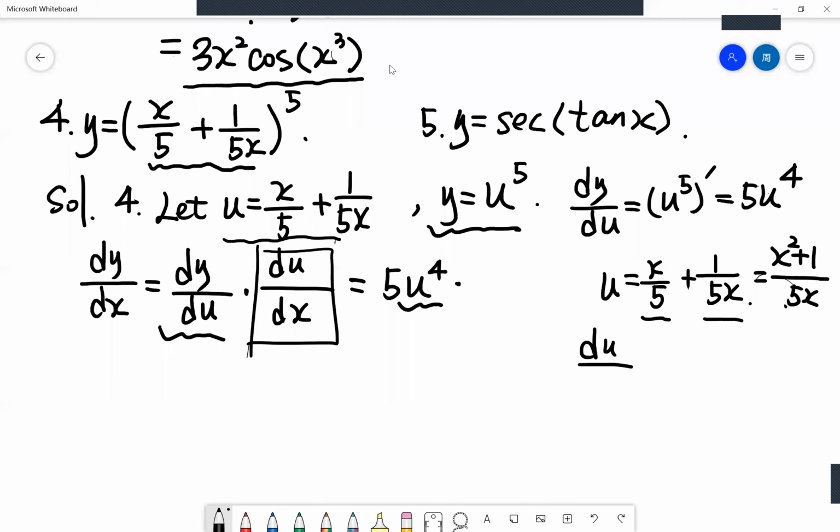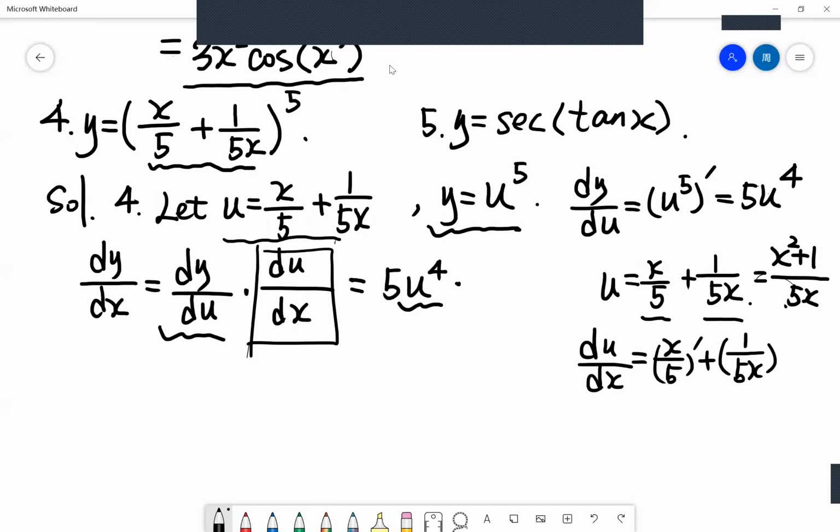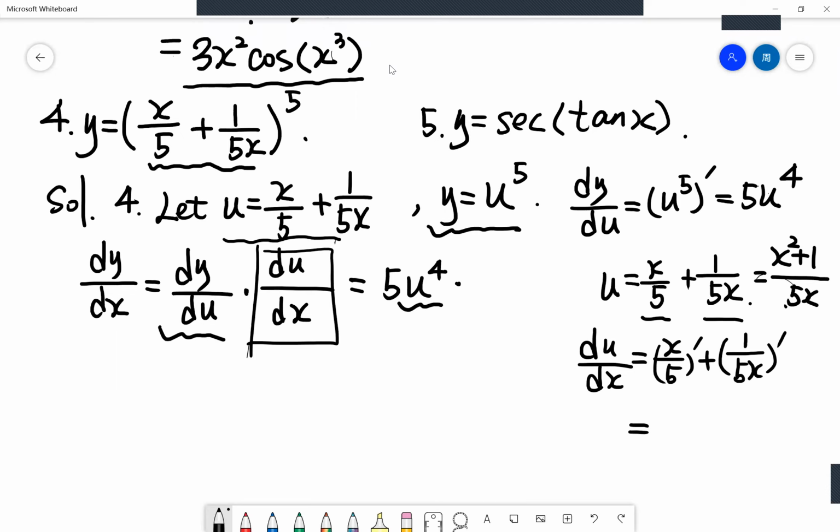So du/dx here just equals (x/5)' + (1/(5x))', right? And for (x/5)', 1/5 is a constant, so we can take it outside, and x' equals 1.